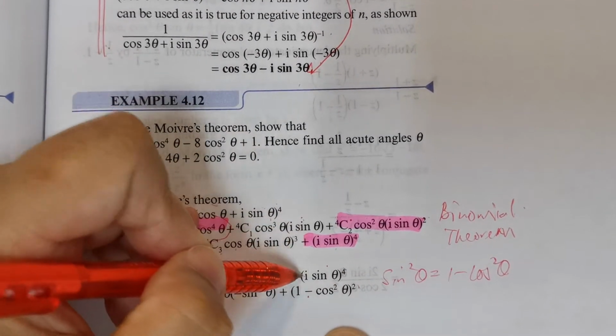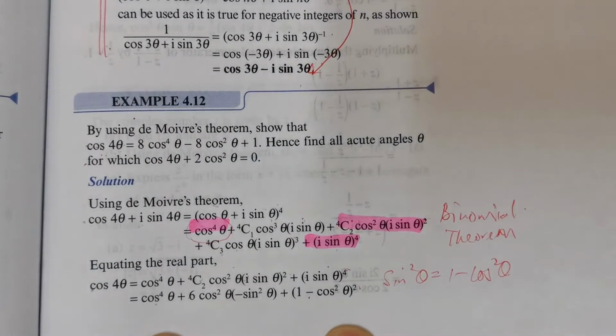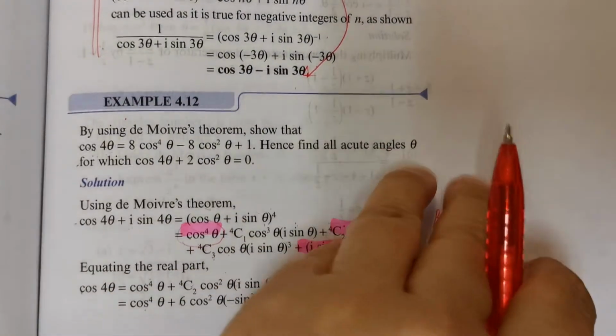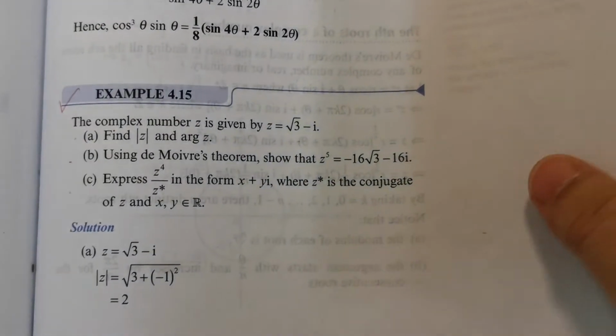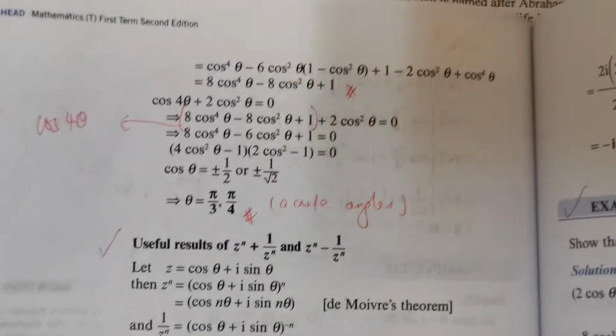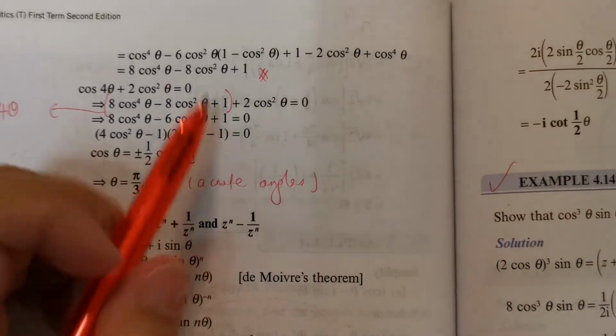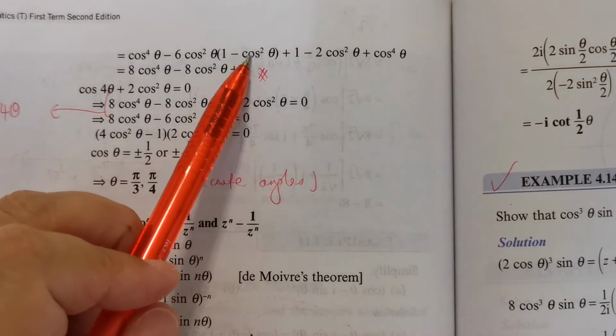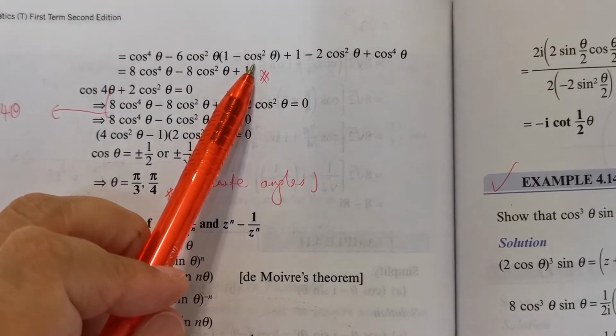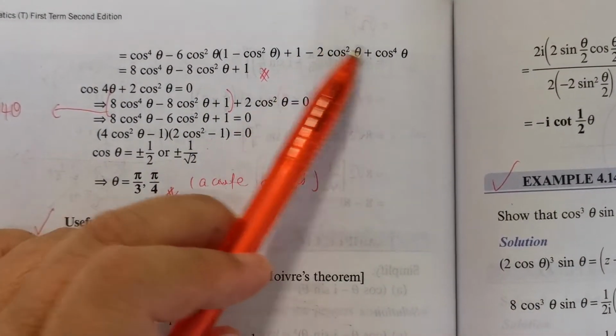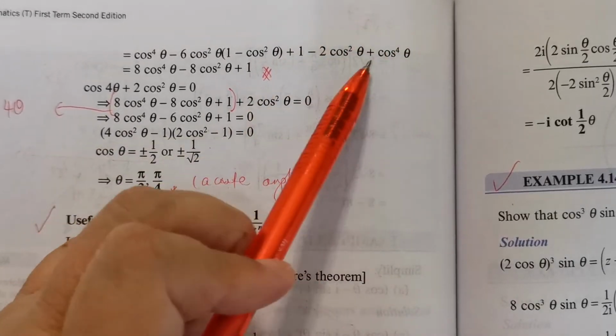And i power 4 is positive 1. After that, they continue. The sine square they change to 1 minus cos square. This one we have done just now. They only expand the quadratic.